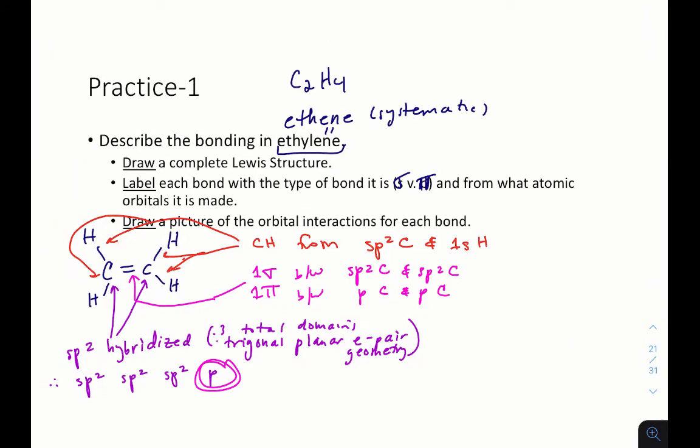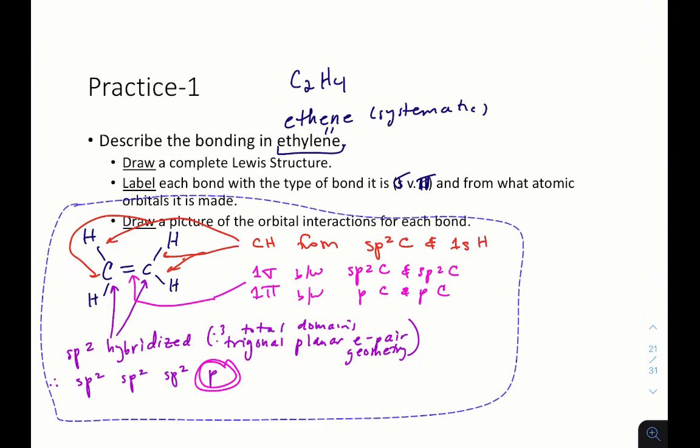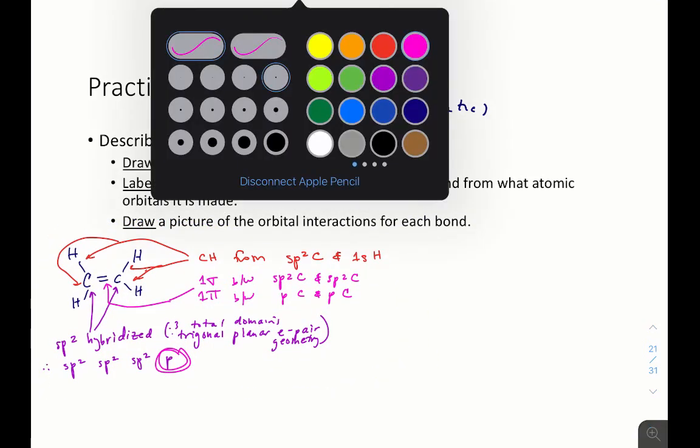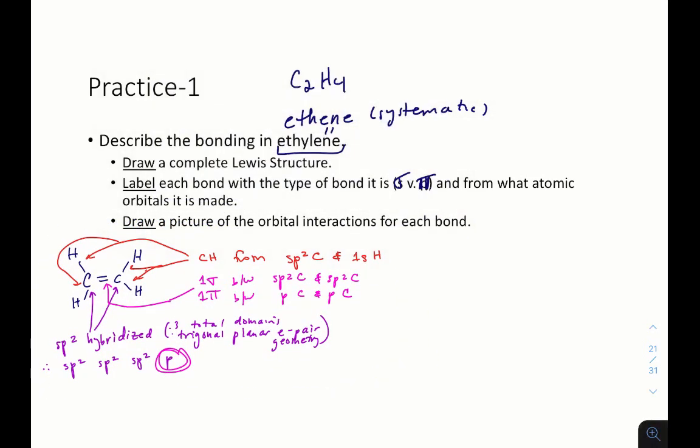Now that we've described the bonding interactions for each bond, let's draw a cartoon diagram. That will be very, very fun. So we have each of our carbon atoms. Let's start with the hybrid orbitals. And each of those atoms are making sigma bonds with their hybrid orbitals.